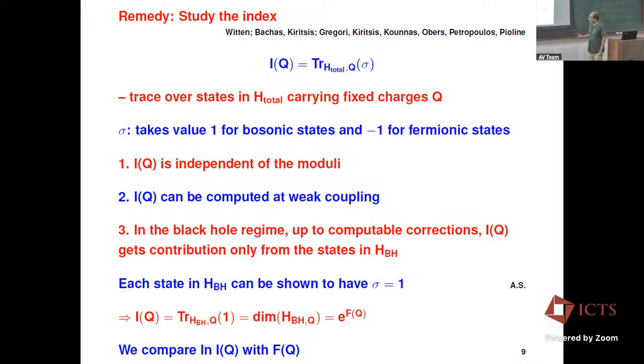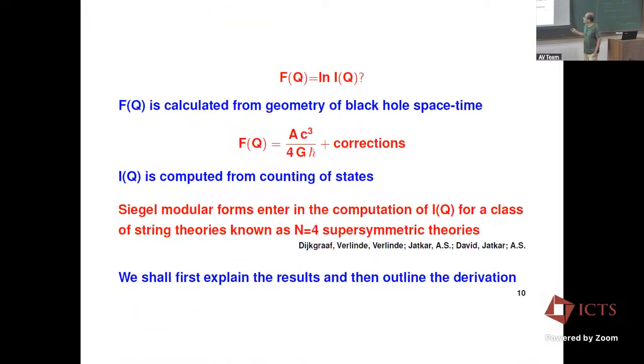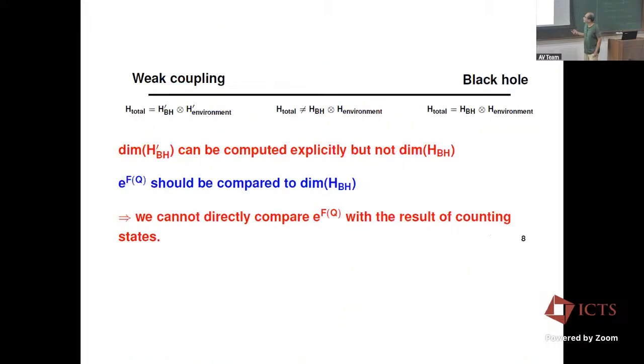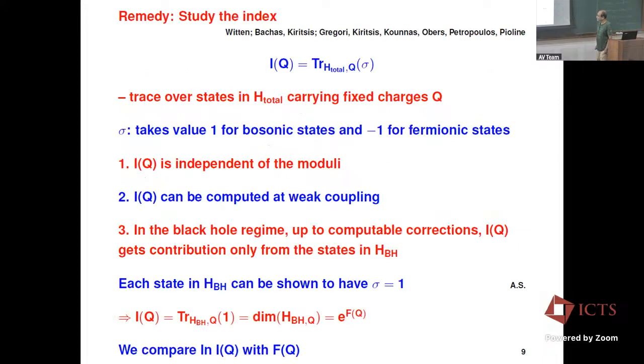Furthermore, in the black hole regime, one can argue that up to computable corrections, again which I'll discuss later, this quantity can get contribution only from states in HBH. So it gets contribution only from this part of the total Hilbert space. This part doesn't contribute. Finally, one can show that each state in HBH has sigma equal to 1.